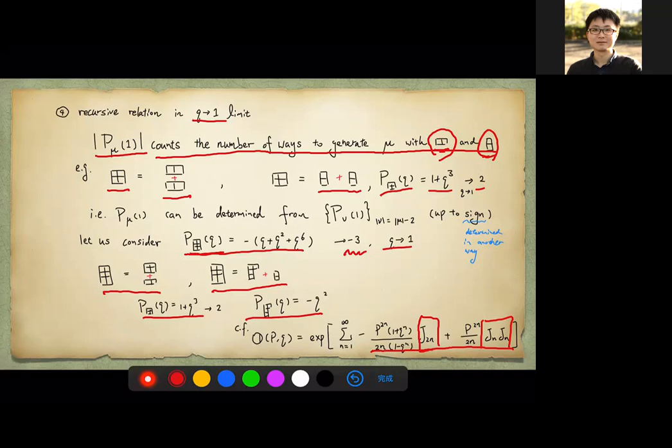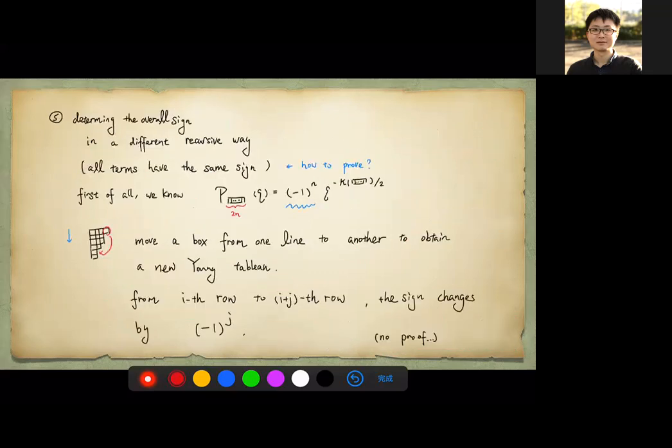So this is a recursive way to determine the polynomial in the q goes to 1 limit, but we couldn't determine the sign in this recursive method. But the overall sign can actually be determined from another recursive way.